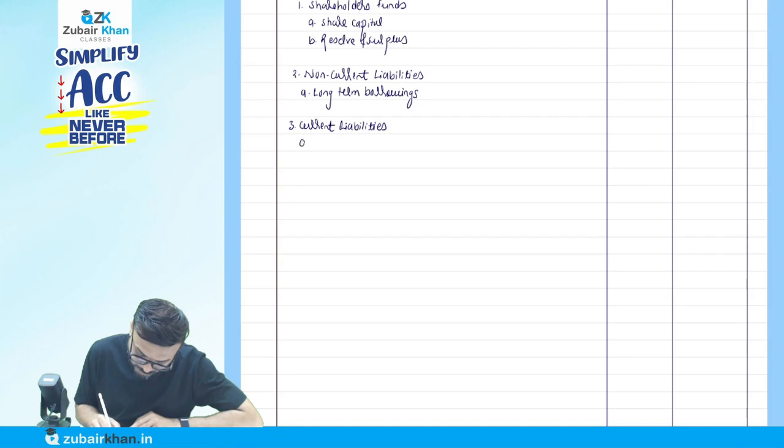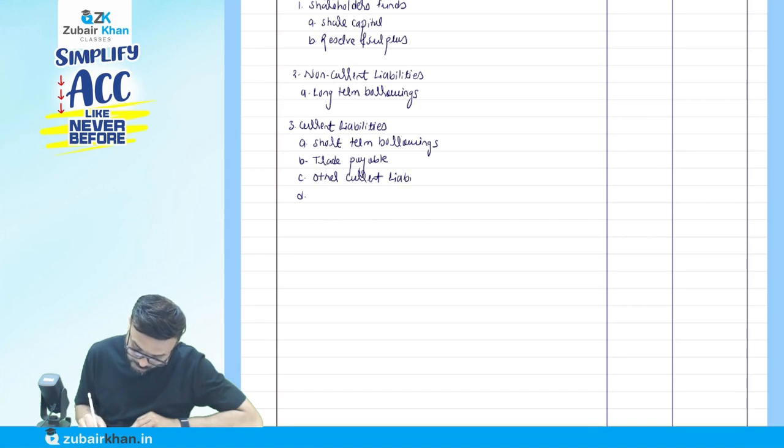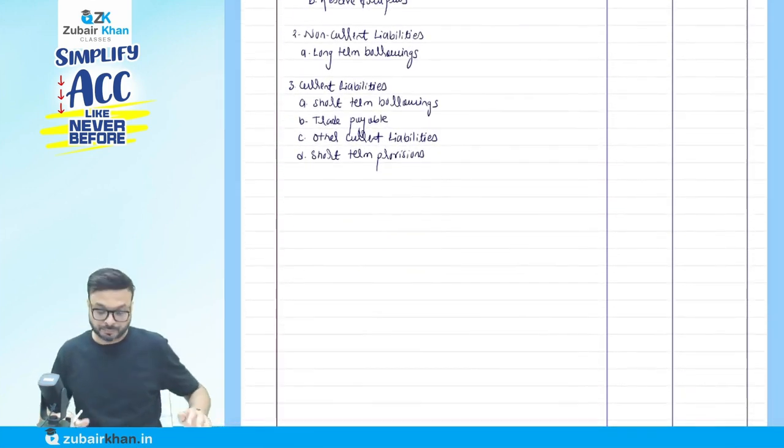So write down short-term borrowings, B point, trade payable, C and D. Okay, other current liabilities, short-term provisions. Short-term provisions are here.